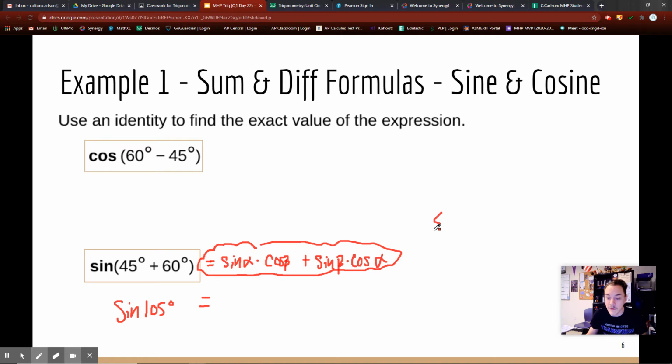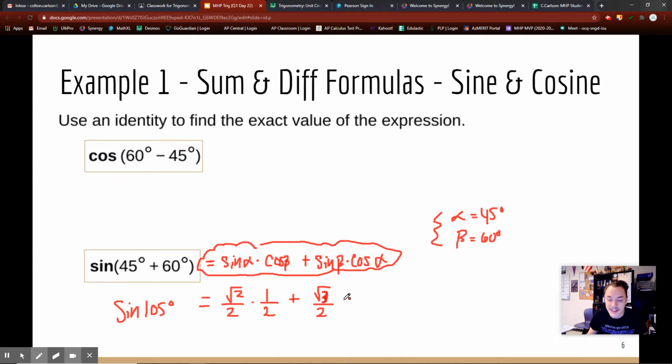So what is my alpha and what is my beta? Well, my alpha is 45 degrees. My beta is 60 degrees. Okay, so what is sine of alpha? That's radical 2 all over 2, just using my unit circle. Cosine of beta, cosine of 60 degrees is going to be 1/2. Plus sine of beta, sine of 60 degrees is radical 3 all over 2.